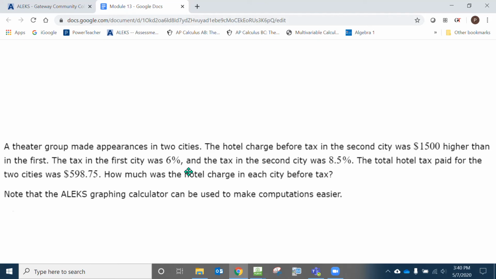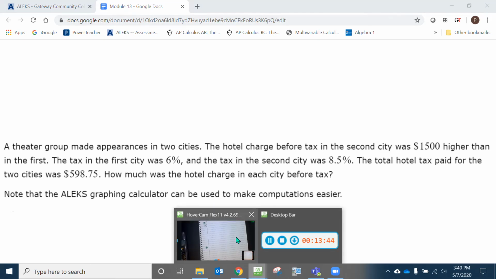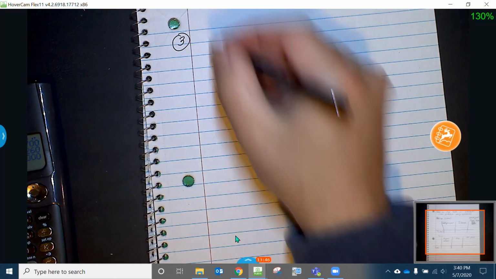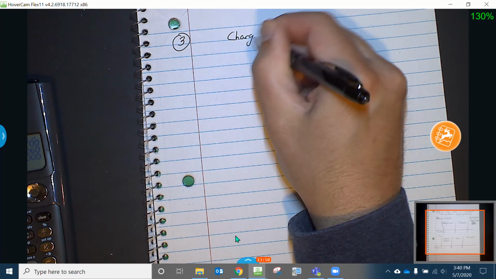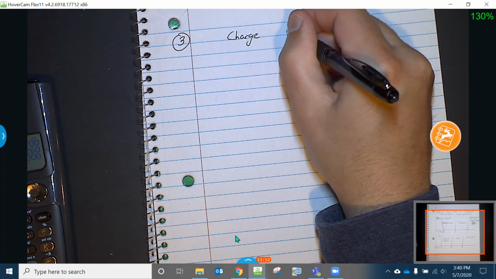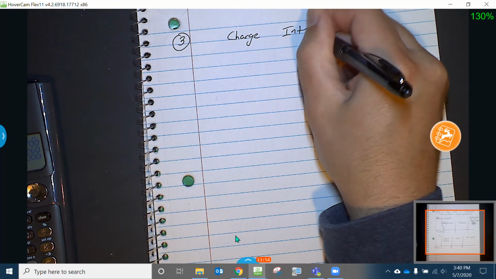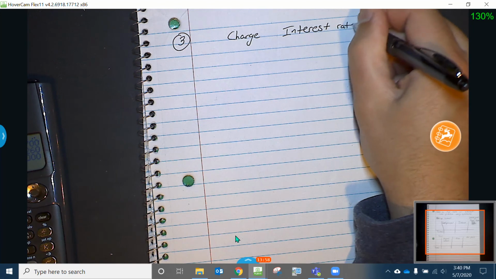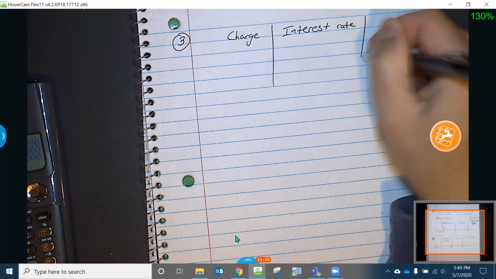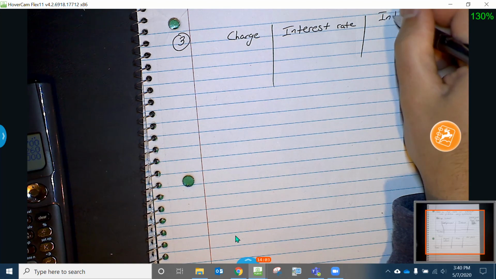All right, so we have our charge, we have the interest rate, and then the interest paid, which is kind of a different concept.